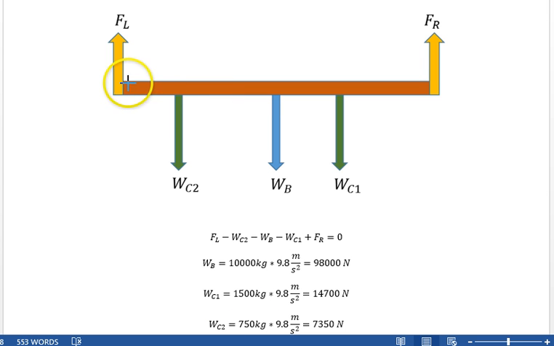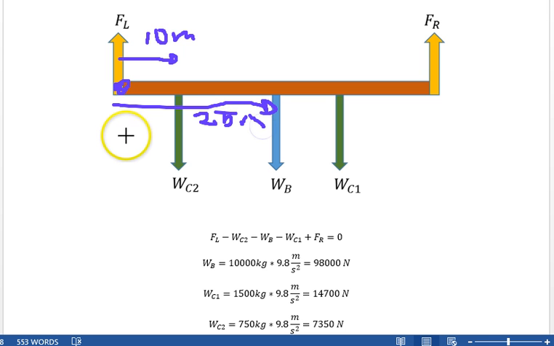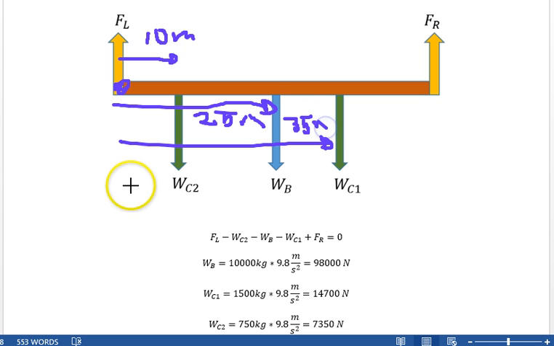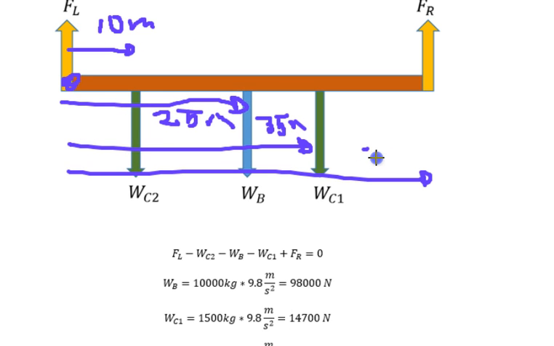So I'm going to pick the pivot point over here on the left. From here to car 2 is 10 meters, to the bridge's center is 25 meters, to car 1 is 35 meters, and all the way to the end is 50 meters.